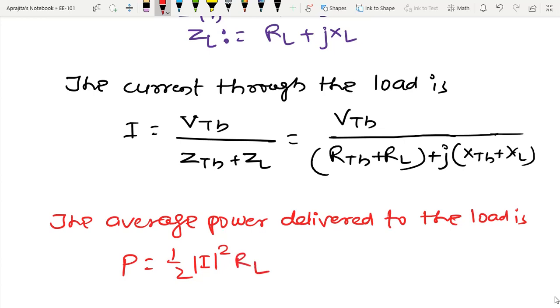In this way I can define the average power.